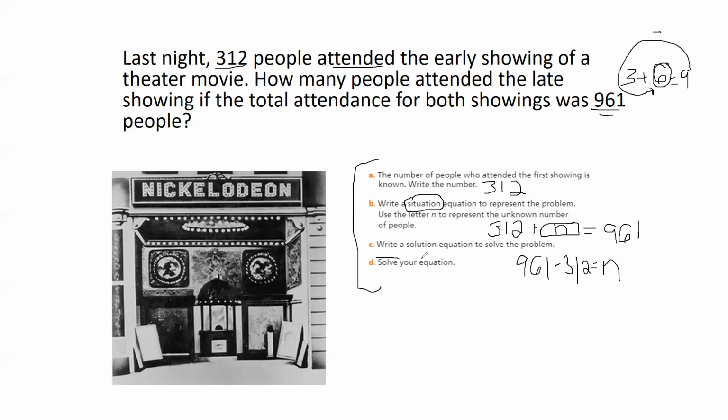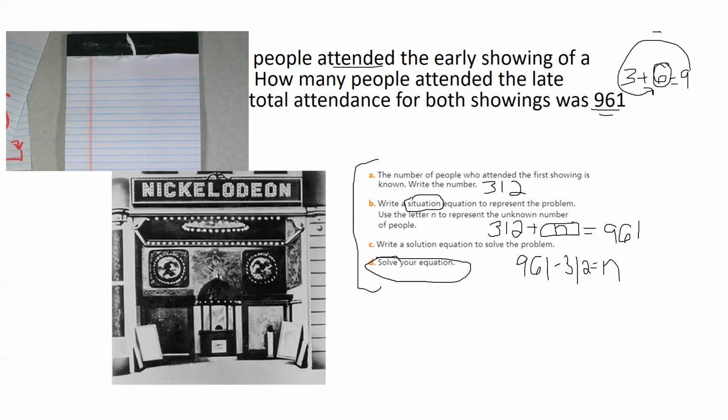Now it says solve the equation. Okay, we did all the hard work. And I'm not going to do this with my pen, or with my mouse, I mean. Oops. All right. There we go. 961, 312.